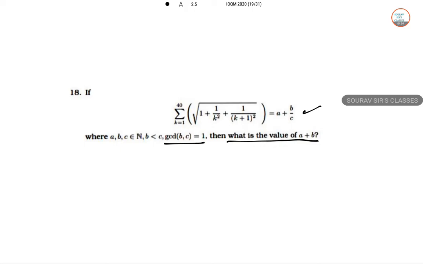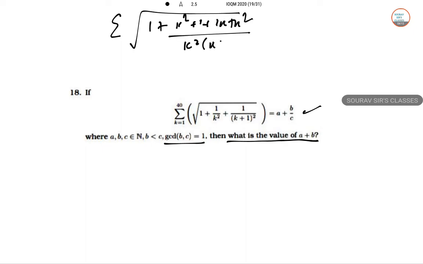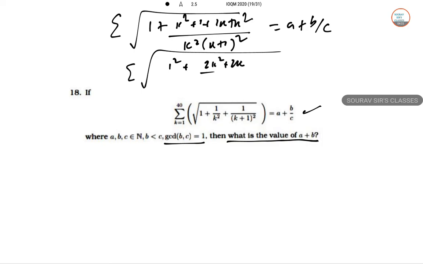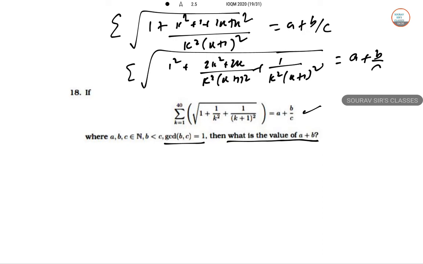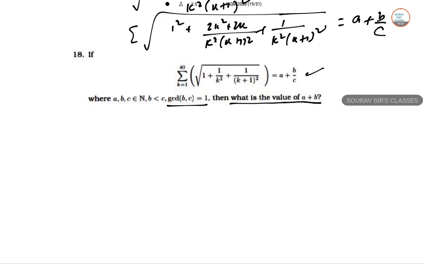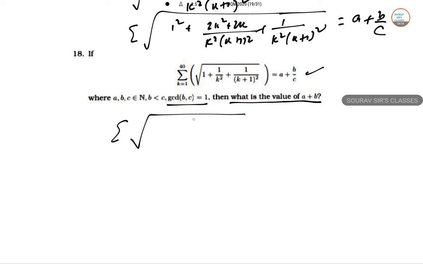So let's write it as 1 plus k square plus 1 plus 2k plus k square, over k square, (k plus 1) whole square, equal to a plus b by c.